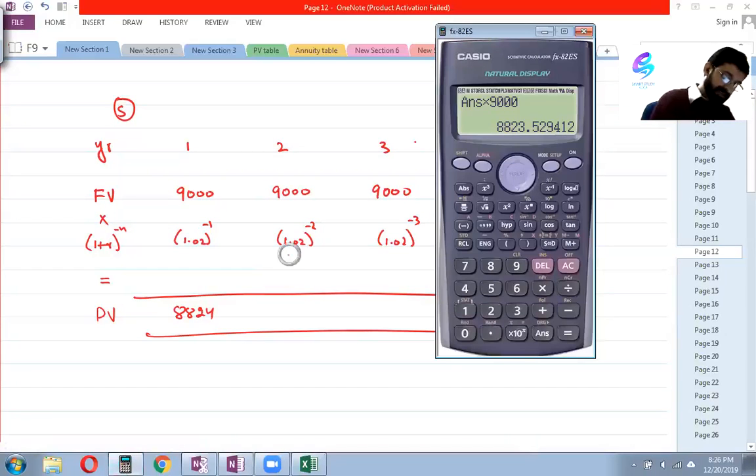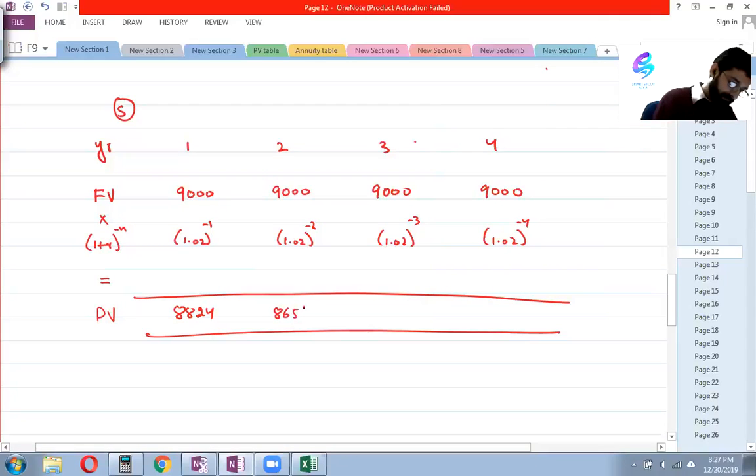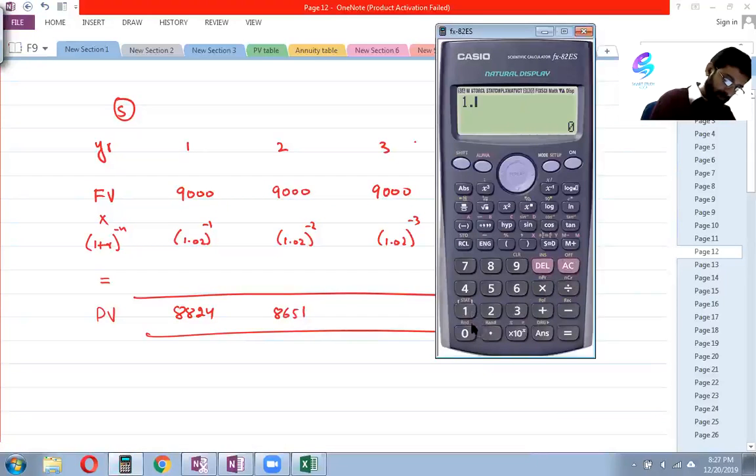Or for example, the second one, 1.02 raised to the power minus 2 now. What do you get? 0.961. You multiply it with 9,000. What do you get? 8651. The third one, 1.02 raised to the power minus 3 multiplied by 9,000 will give you 8481.